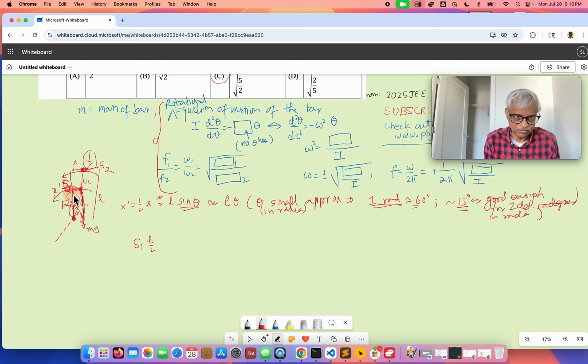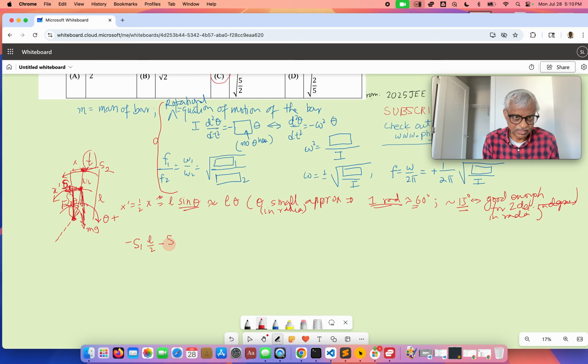It will be close to L over 2. So this lever arm, I'll just say it's L over 2, and this angle for theta is positive. This going the other side, so it's going to be negative.